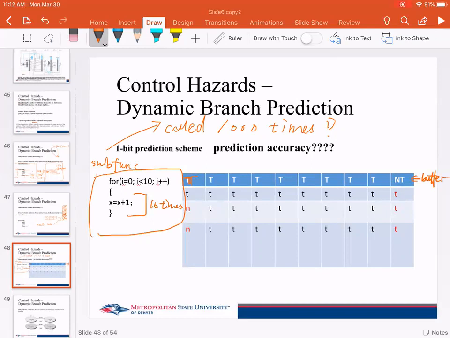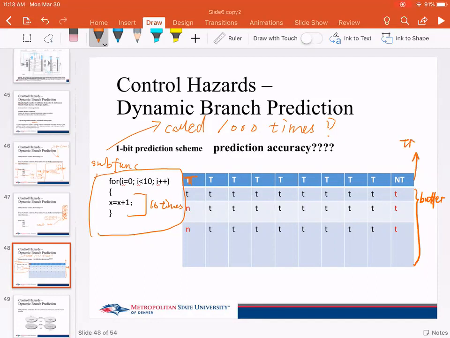So this is the real case. This is the branch buffer content, and the first row is actually the truth.